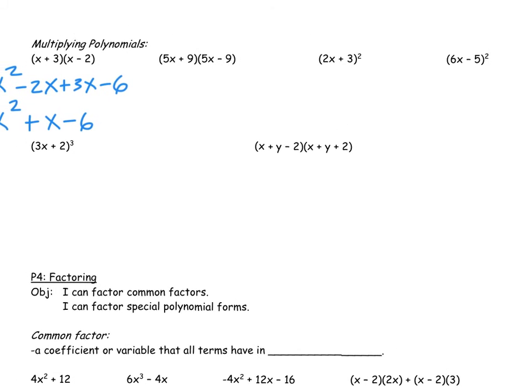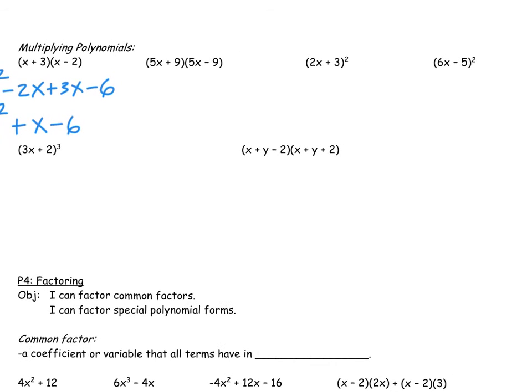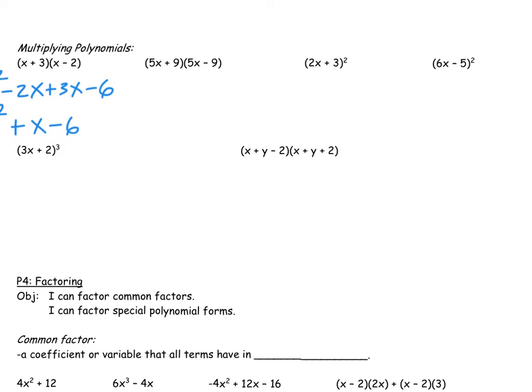Now this next one kind of involves a special rule that I'm going to give you. I'm not going to give you all the special rules, but just a couple of them. This one is the difference of two squares. All right, so if you call these two terms like u and v, here's kind of the general rule for one that looks like this, that has u plus v times u minus v.